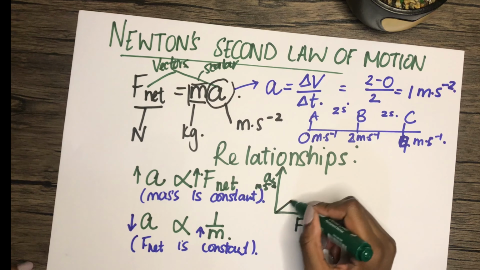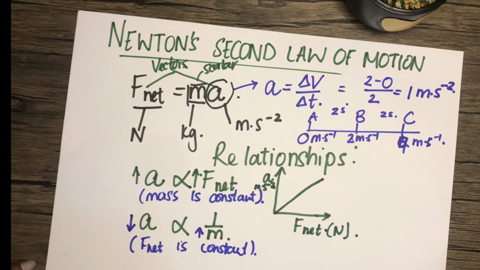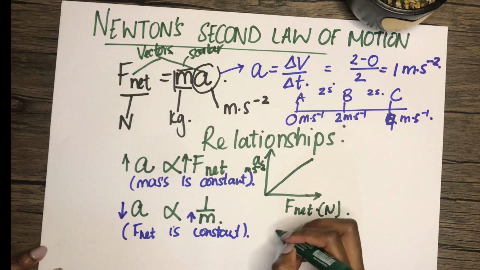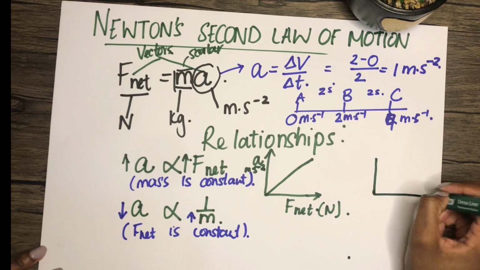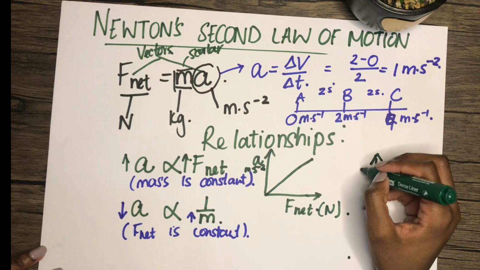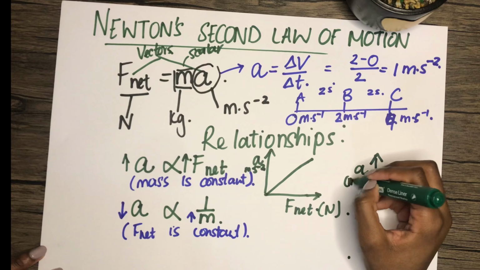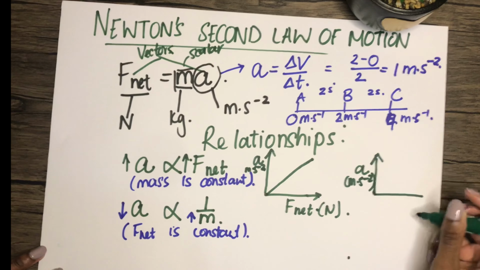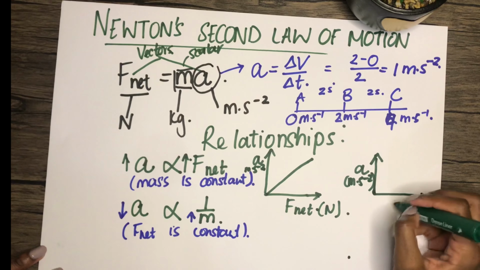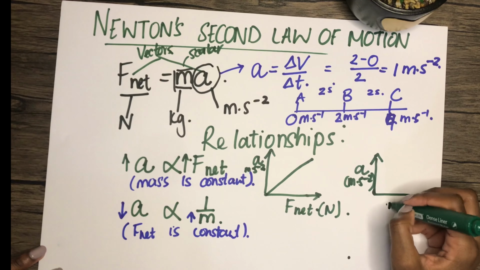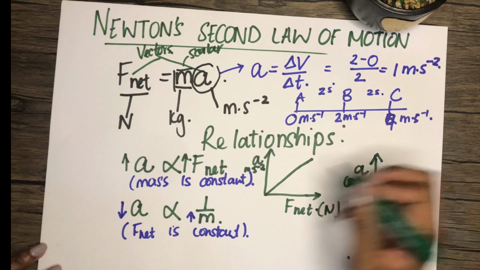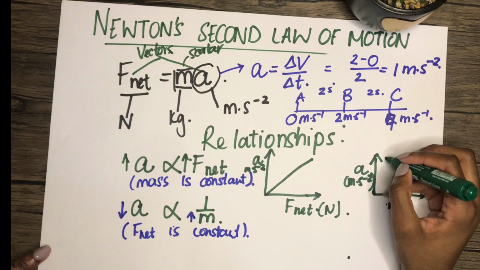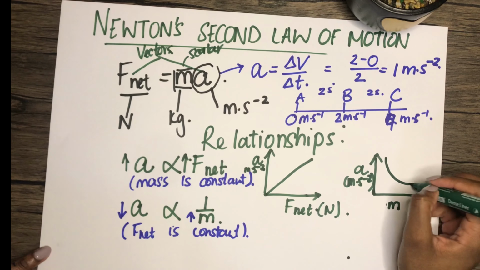And then the relationship there is directly proportional, so it's a straight line from the origin, right? And then I can also have another relationship, which is between acceleration, still in meters per second squared, and the mass. This is when these two are inversely proportional, so you get a hyperbola, which is like this.